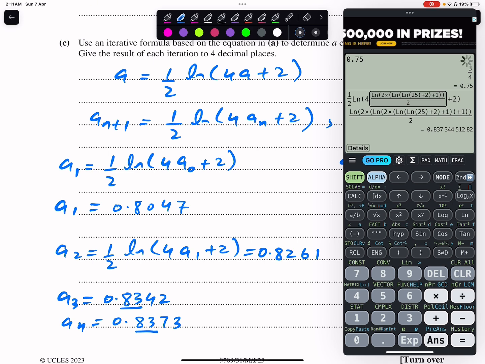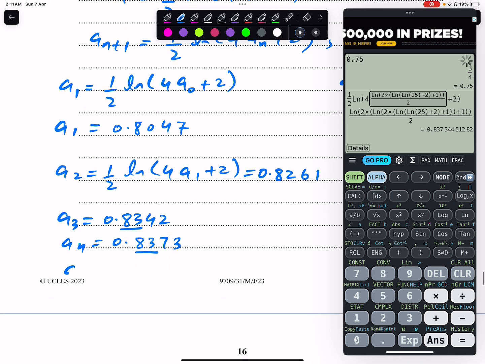Press one more time equal, and a5 will be 0. I'm waiting.